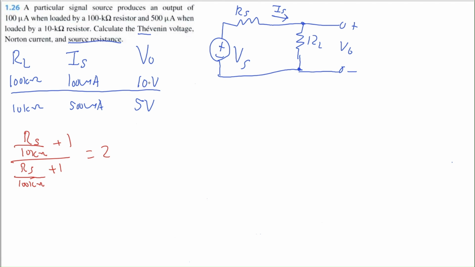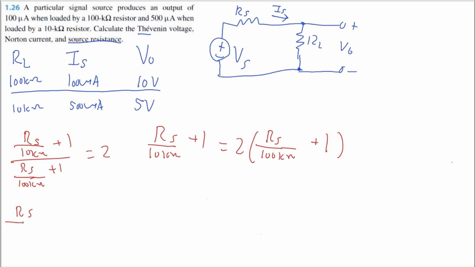Okay, let's continue solving this. So I just rewrote the last step over here in red. So I'm going to multiply this denominator to the right side of the equation. So that will become RS divided by 10 kiloohms plus 1 is equal to 2 times the denominator now, RS divided by 100 kiloohms plus 1. We can go ahead and distribute that too.